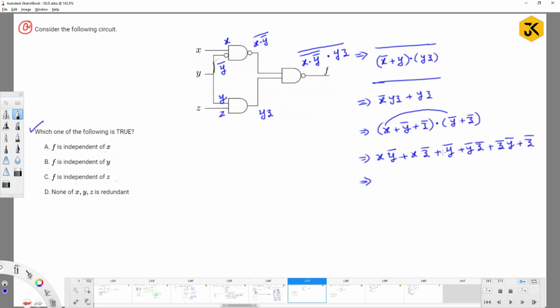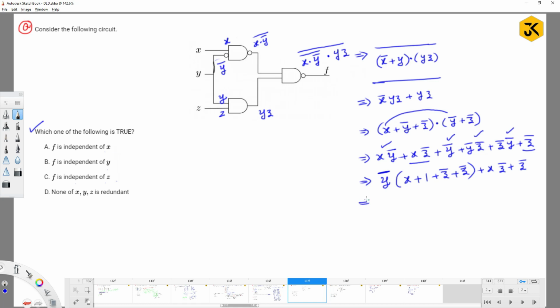So make sure to simplify this expression. If I take out the common term y bar, you have three terms: x y bar, y bar, y bar z bar, z bar y bar. You are going to get y bar into (x plus 1 plus z bar), plus z bar plus x z bar plus z bar, and the remaining two terms I have written as usual.